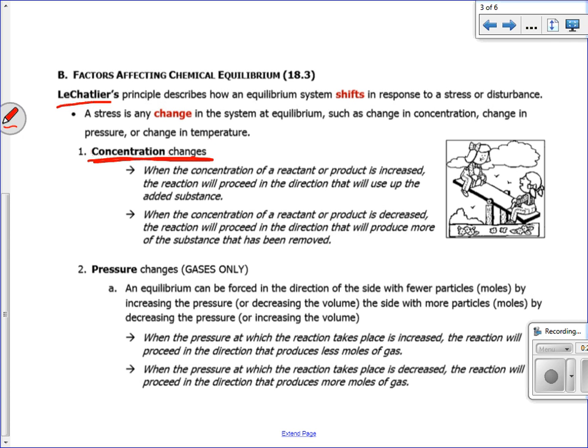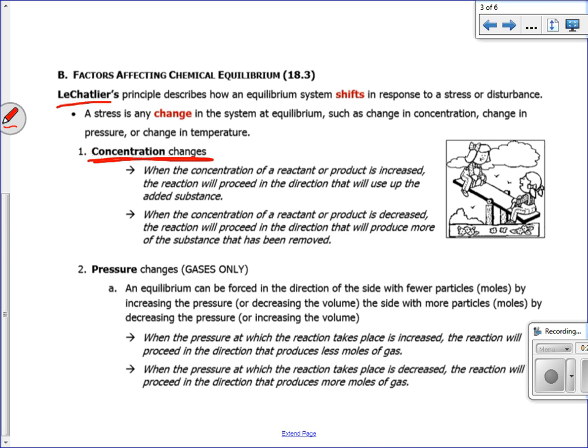If you remove something, it is going to believe that it's missing, so it's going to shift towards the side that you're removing it from. Does everybody understand that? The side you remove from is the side it's going to shift towards.